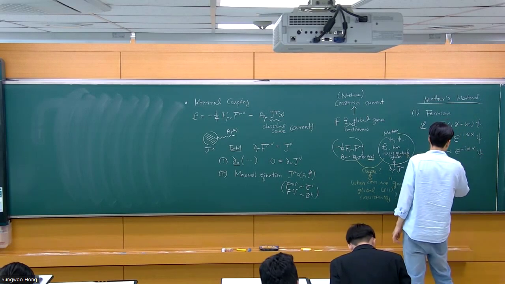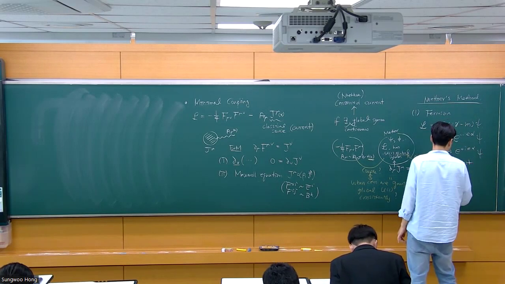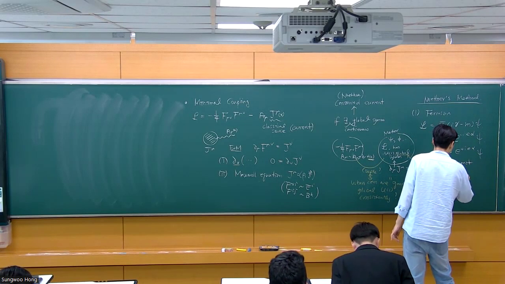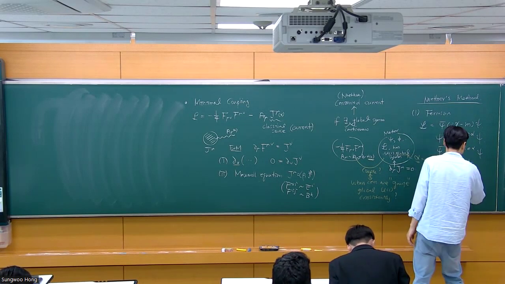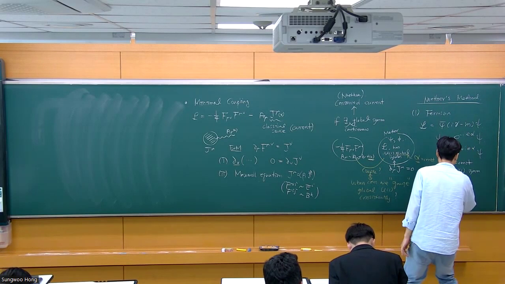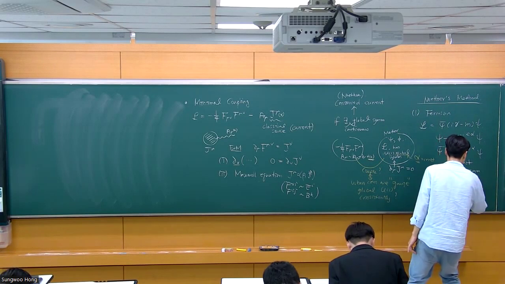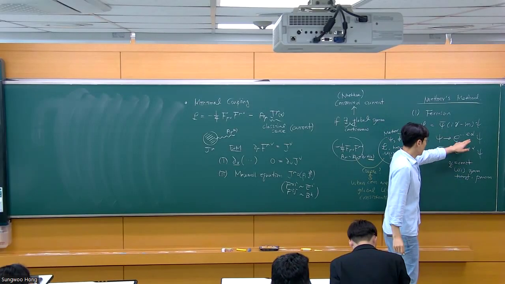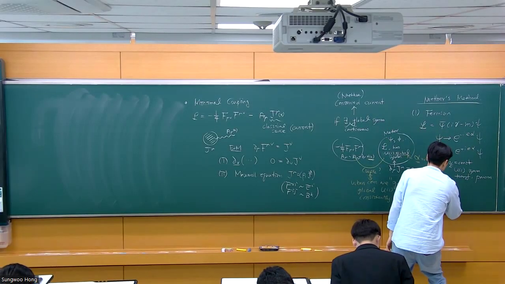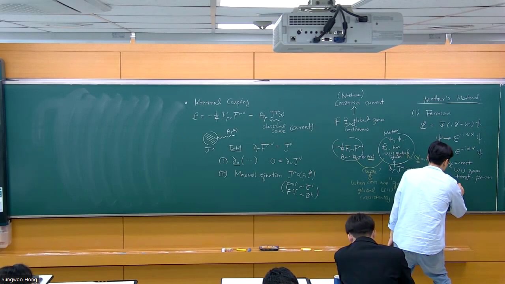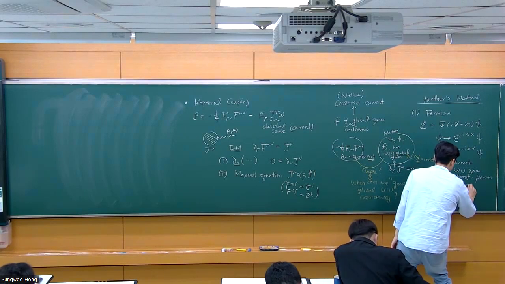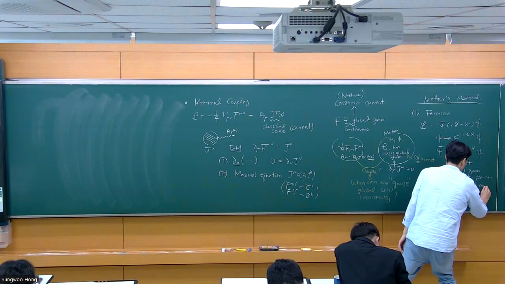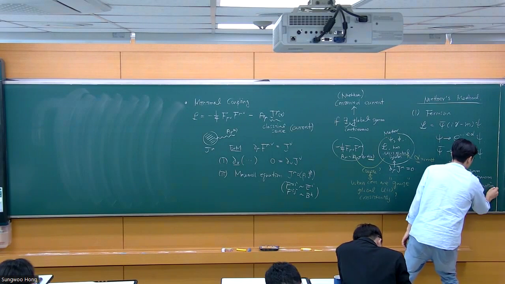Here alpha, which is constant, is the U(1) symmetry transformation parameter. And as you'll see soon, alpha will turn into a gauge function. But for now, you can just take it as a symmetry parameter.